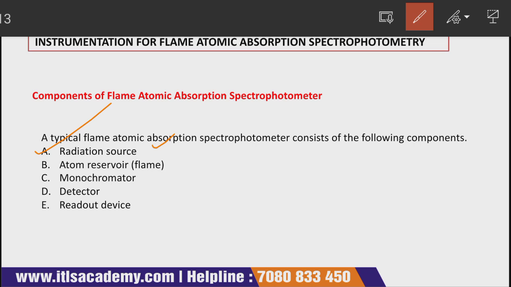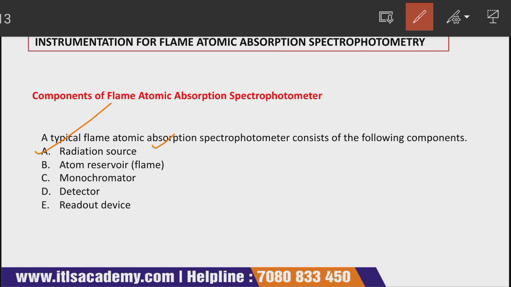So here the flame is used. What are the common fuels or oxidants used in flame spectroscopy? For example, natural gas, hydrogen, oxygen and acetylene are used.